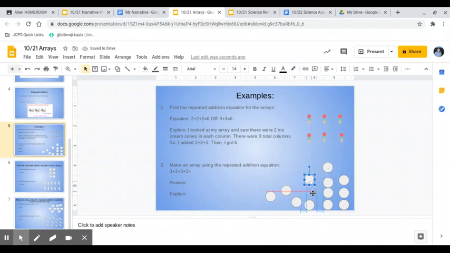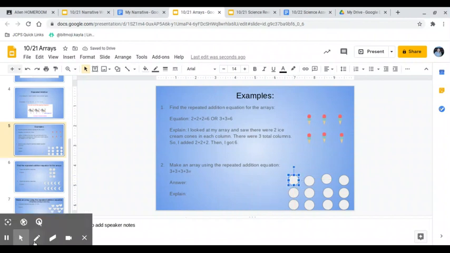So Miss Allen, you just click on the picture, on the image, and you just drag it. So that's what Miss Allen is doing right now. I'm just clicking my pictures and moving it to represent my array. So I know I have 3 plus 3 plus 3 plus 3. That means I need 3 circles in each column, and that I have 4 different columns.